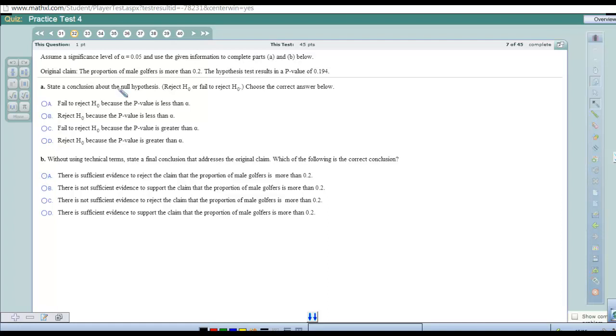Well, we said we failed to reject the null hypothesis, which is like, we don't say it too loud, but it's like rejecting the alternative. Okay? The alternative is not the one that's being tested. But anyway, in conclusion, there's sufficient evidence to reject the claim that the proportion of male golfers is more than 0.2. Questions about that? Okay.